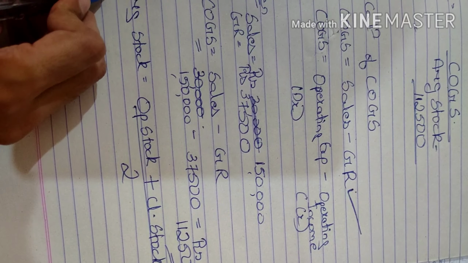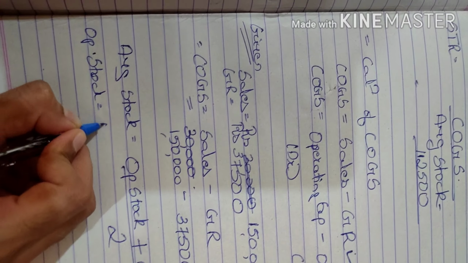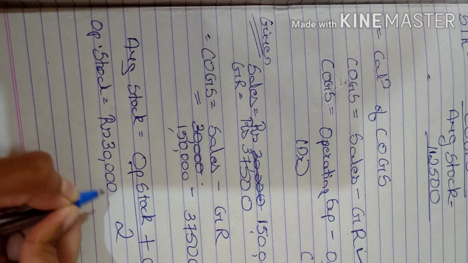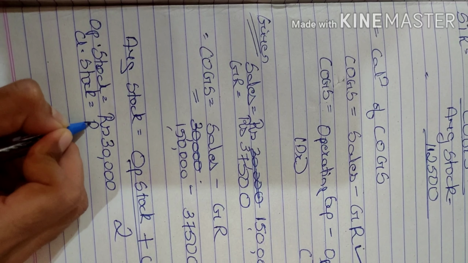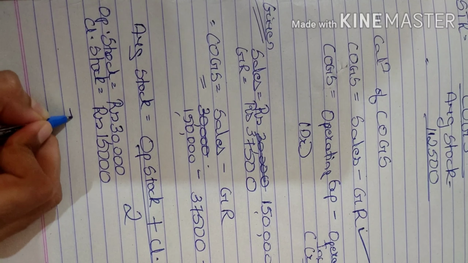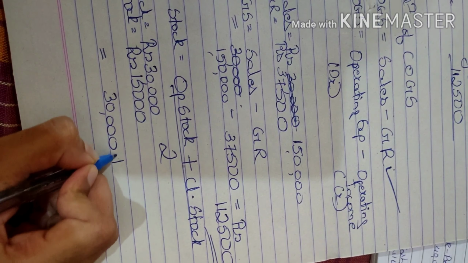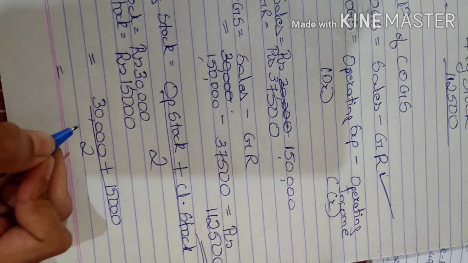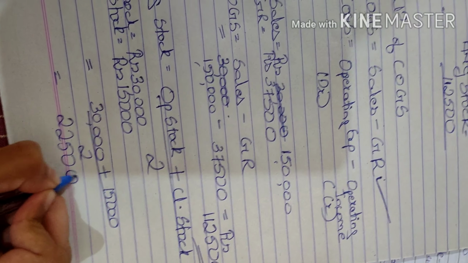Opening stock given in the question is rupees 30,000, whereas closing stock is rupees 15,000. Substitute the amount. Opening stock 30,000 plus 15,000 divided by 2, you will get your average stock as 22,500.